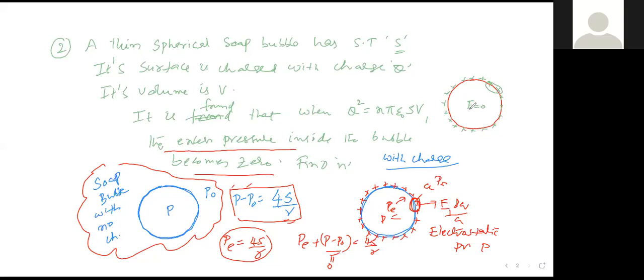Children, do you follow? It is like a shell only. My point is, if E has to be 0, E due to the remaining and E due to this must be equal and opposite, right? The idea once again.